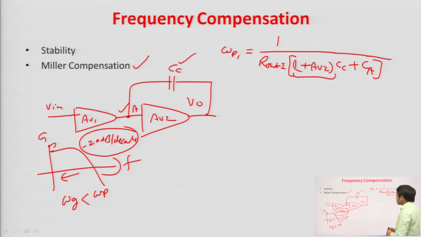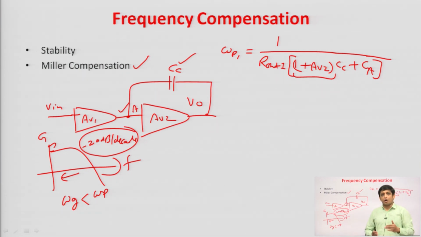There we were getting the factor 1 plus g m R L dash, where g m R L dash is the voltage gain, and that voltage gain here is A V 2, the voltage gain of the second stage. So, due to Miller compensation, the total capacitance at node A increases.